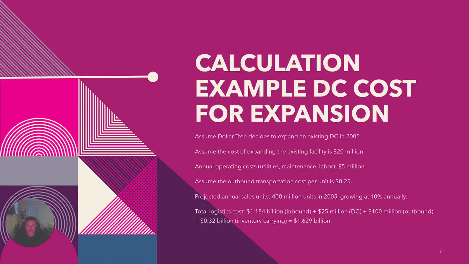The projected annual sales, let's say 400 million units in 2005, growing at 10%. You would take the total logistics cost, which is 1.1 billion inbound, plus the 25 million, plus the 100 million outbound, the 25 million from the DC, and you would also add the 0.32 billion for the inventory carrying, equaling out to 1.62 billion, which is just a simple way to calculate expansions.